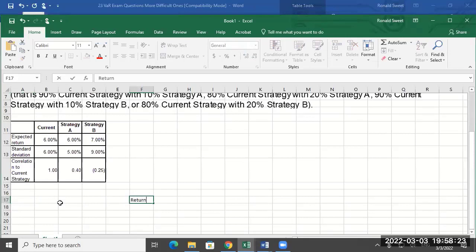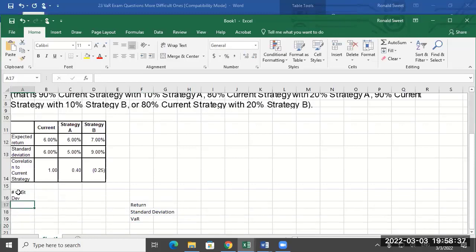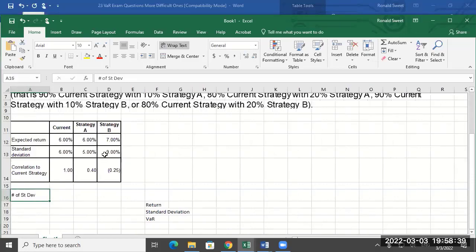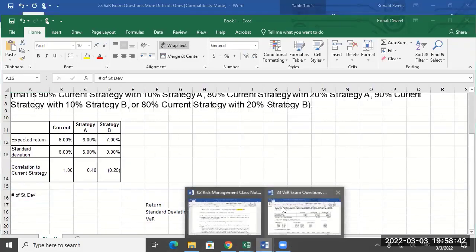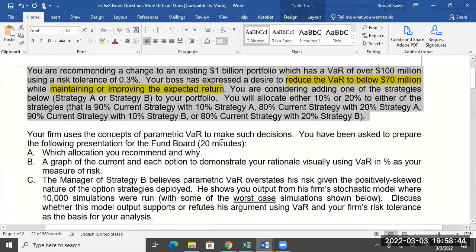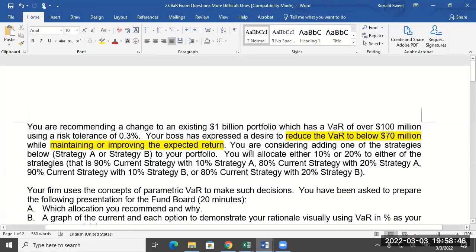So you have return, you have standard deviation, the VAR. We got to figure out the number of standard deviations. So let's go back and do that. I'm looking at the problem. So what was the risk tolerance here? 0.3.